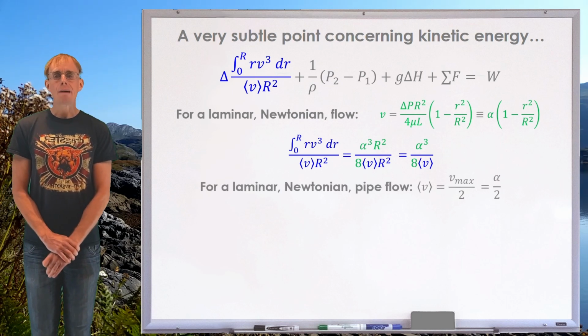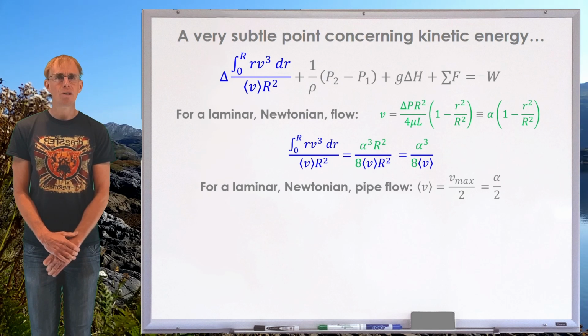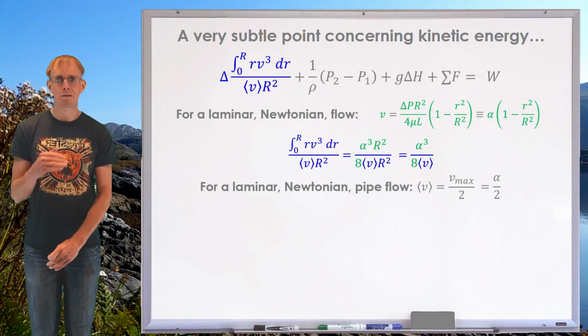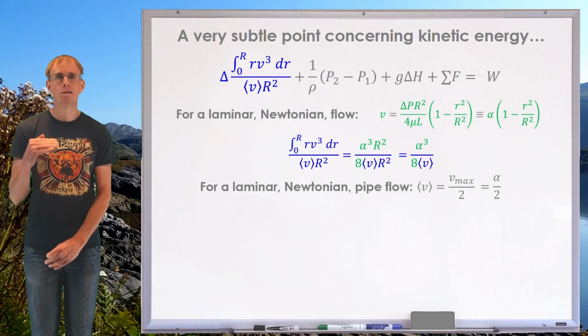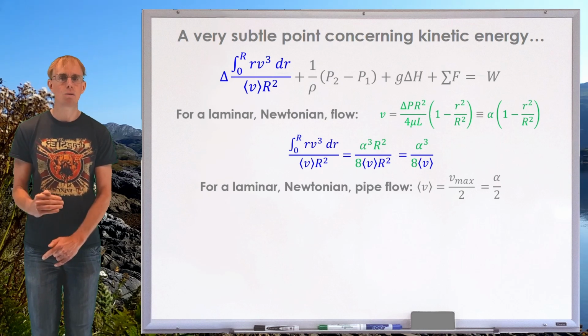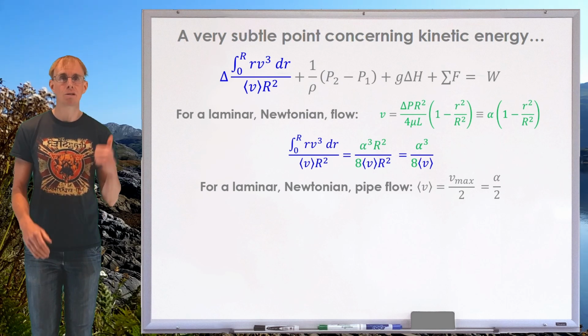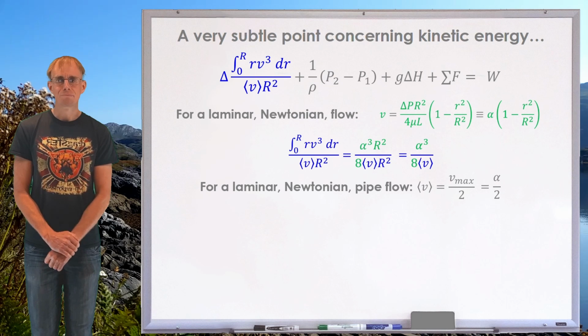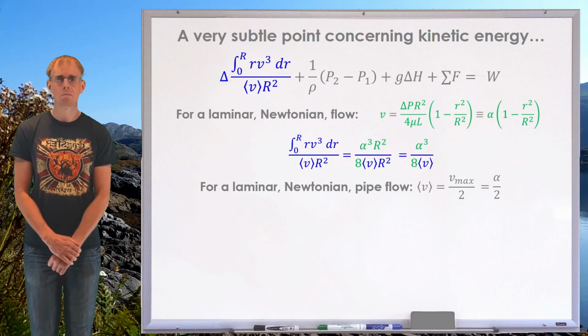So for a laminar Newtonian pipe flow, we also know that the average flow velocity, as well as being volumetric flow rate divided by area, is the maximum velocity divided by 2. That's the same as saying alpha divided by 2, because alpha was our maximum velocity. So, if we rearrange that in terms of alpha, alpha is equal to 2 times v in pointy brackets. If we cube it, it's 8 v cubed.